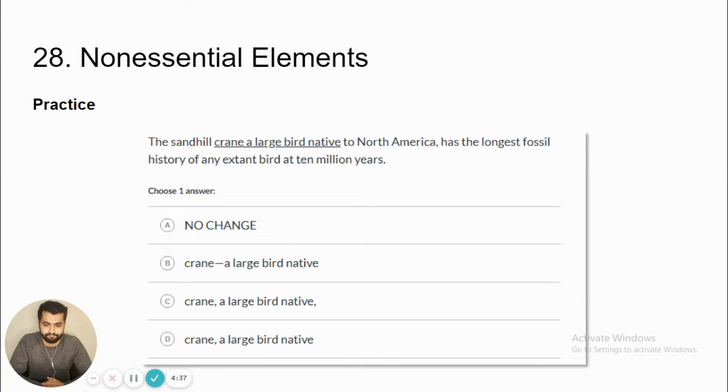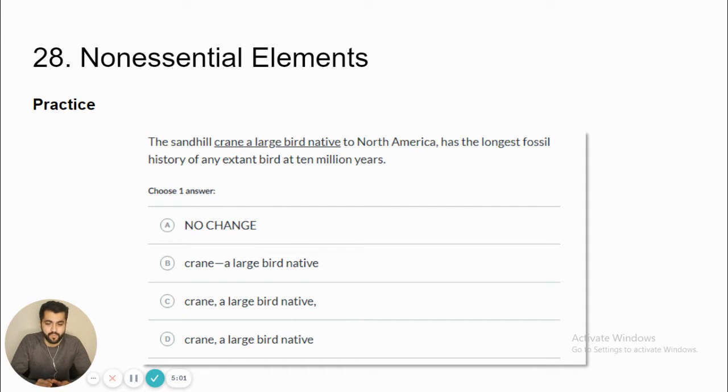Okay, so let's do a practice question. The sandhill crane, a large bird native to North America, has the longest fossil history of any extant bird at 10 million years. Here in the non-underlined part, we have a comma, so that is a comma at one end of the non-essential element.